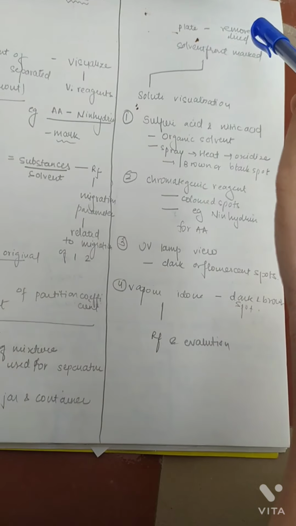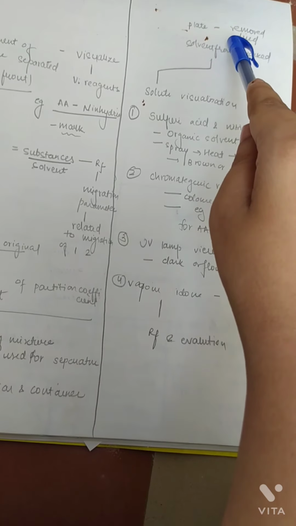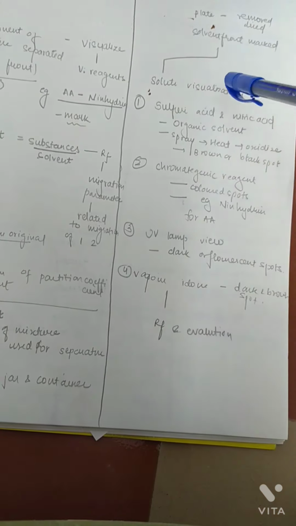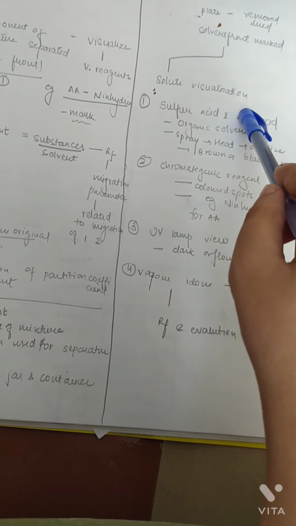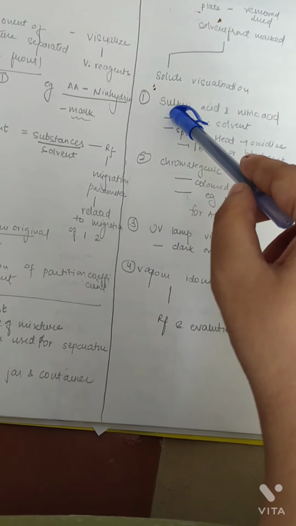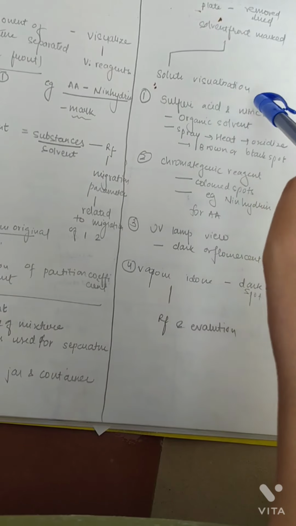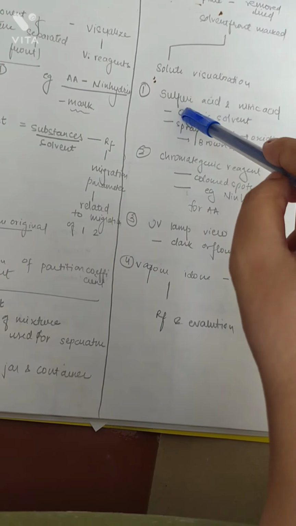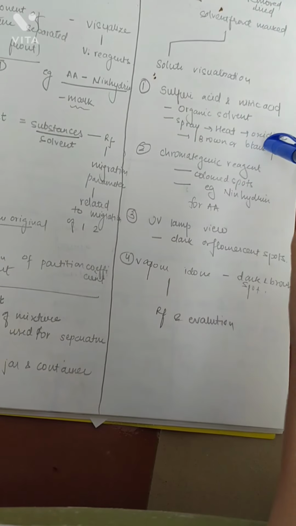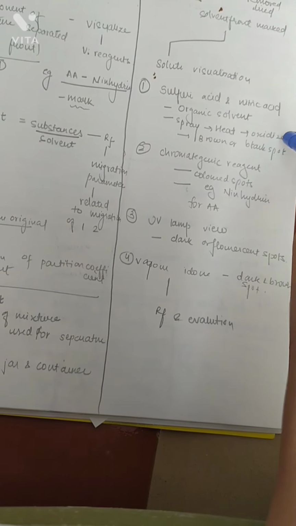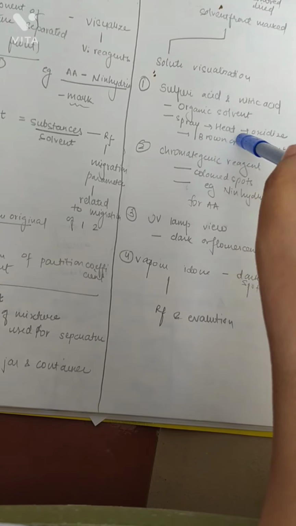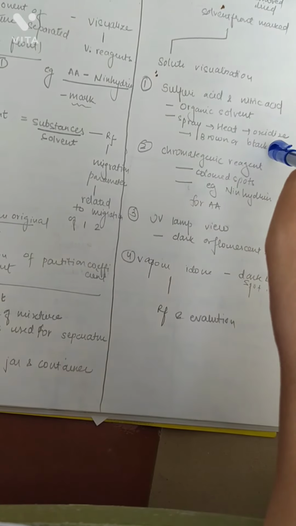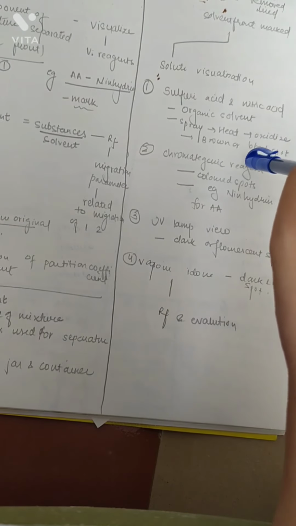In thin layer chromatography it is the same: the solvent front is marked after drying. For solute visualization, with sulfuric acid and nitric acid, the organic solvent, we use heat and oxidation, and brown and black spots are observed.